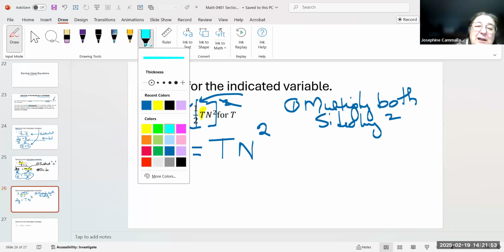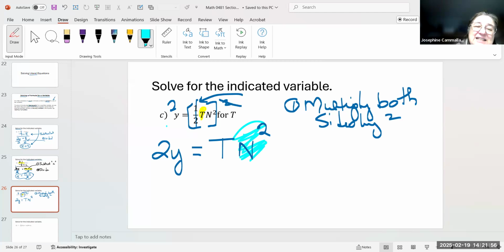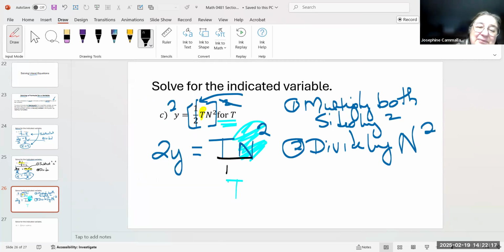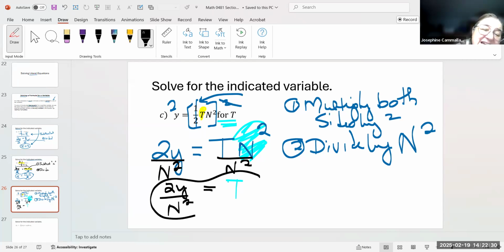Well, I want to get rid of this because I want t all by itself. Well, what am I going to do? I'm going to divide by n squared. Which means this t is going to give me 2y divided by n squared.